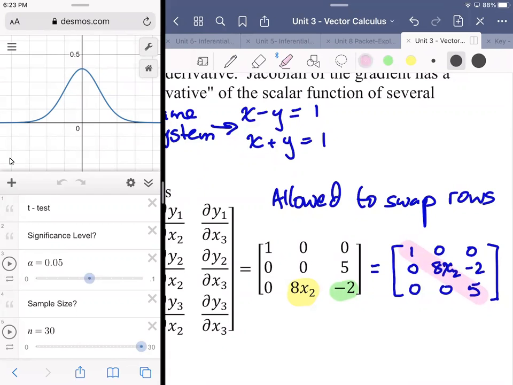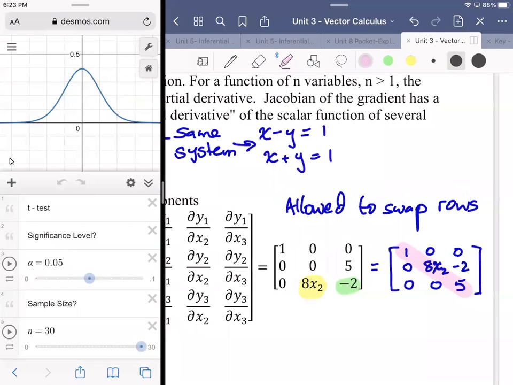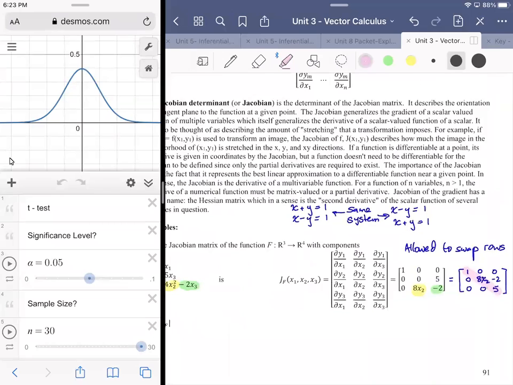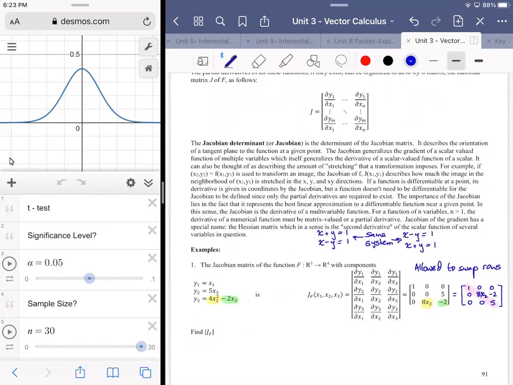If either side of that diagonal contains only zeros, then it's a triangular matrix. If both sides contain only zeros, then it's what we call a diagonal matrix. In either event, to figure out the determinant, all you have to do is multiply down the main diagonal, so you can avoid the cofactor expansion. So the Jacobian would be 1 times 8x2 times 5, which would be 40x2.